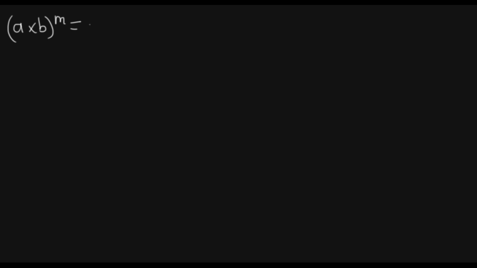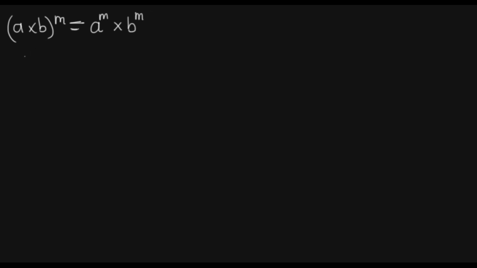What it means is that A times B in brackets raised to the power M is the same as A raised to the power M times B raised to the power M.